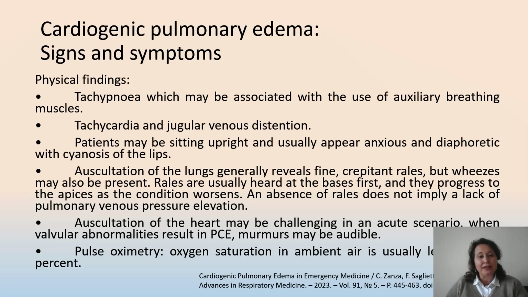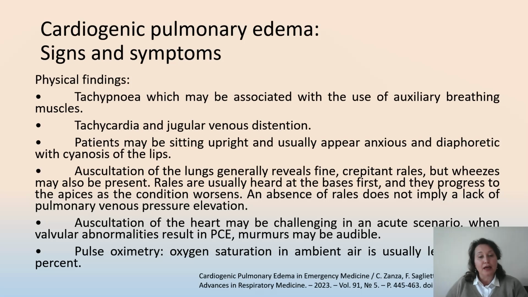Auscultation of the lungs generally reveals fine crepitant rales, but wheezes may also be present. Rales are usually heard at the bases first, and they progress to the apices as the condition worsens. An absence of rales doesn't imply a lack of pulmonary venous pressure elevation.